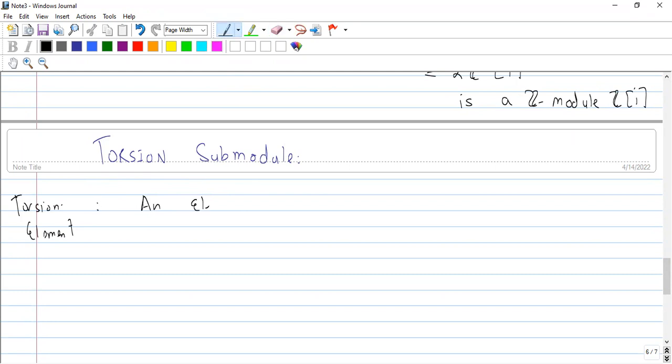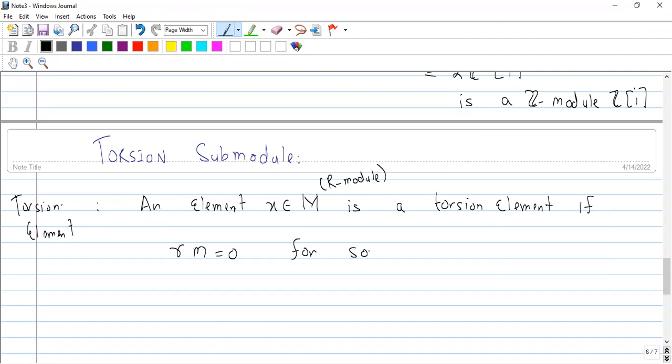An element x of M is a torsion element if, when M is an R module, rm is equal to 0 for some r in R, and this r should be non-zero.